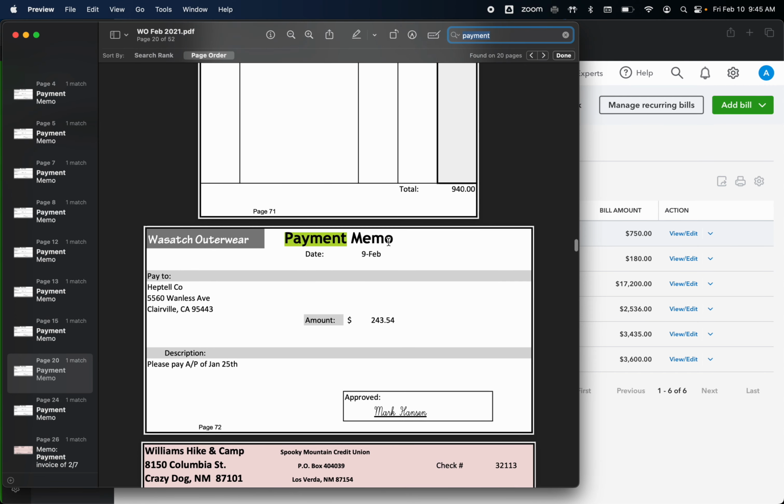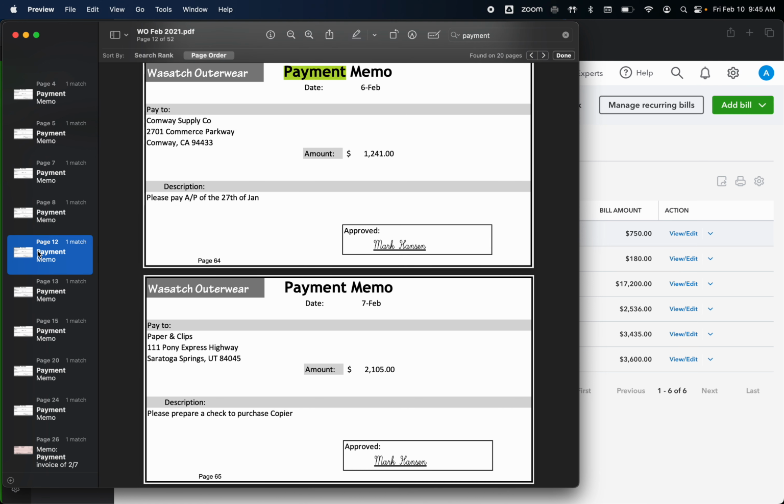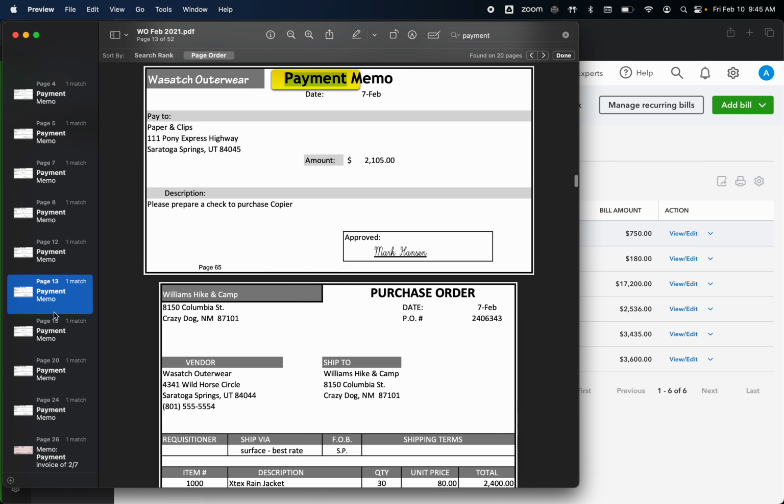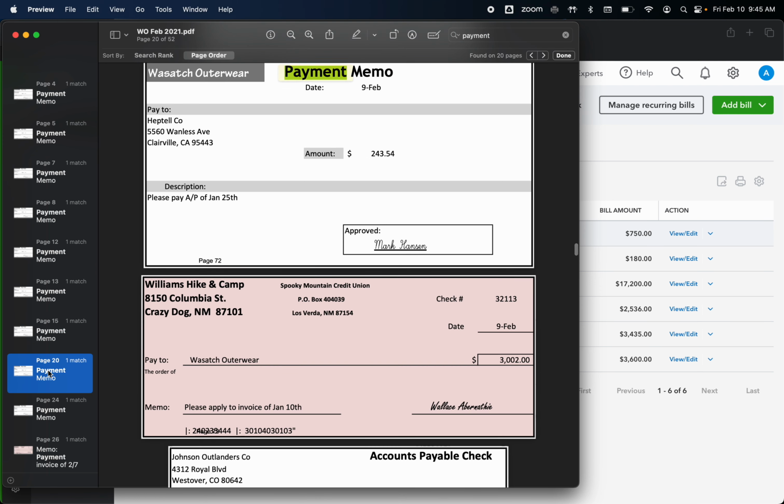So that's 243 plus the 1241, right? So 1241 plus 243.54 equals 1484.54.